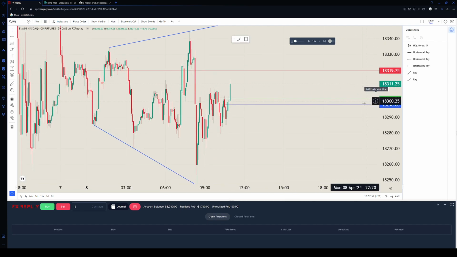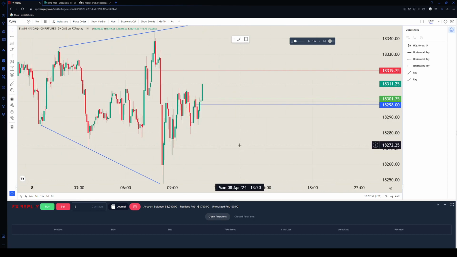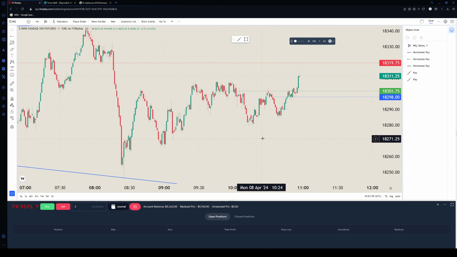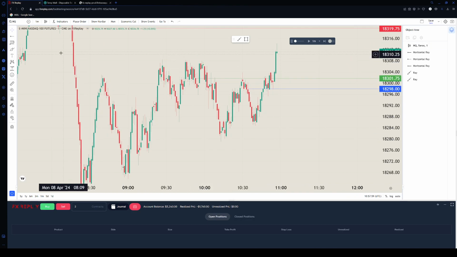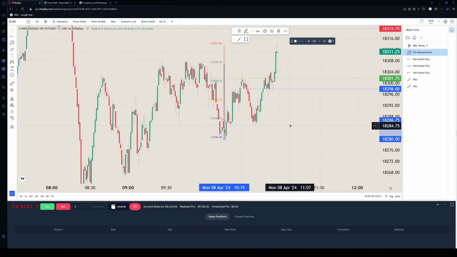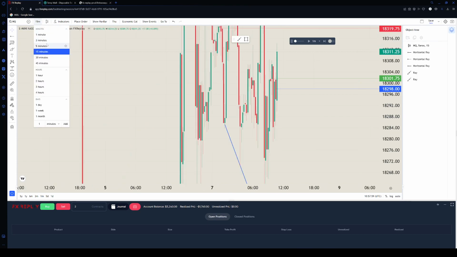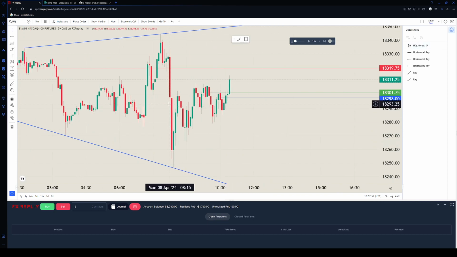So if we were to draw the standard deviation, how would I plot it here?